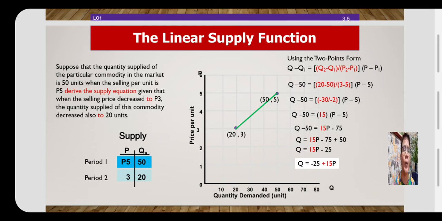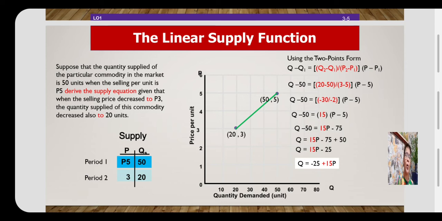So this is now the equation of the straight line that we have connected out of the 2 points. Now, this is already our supply equation.